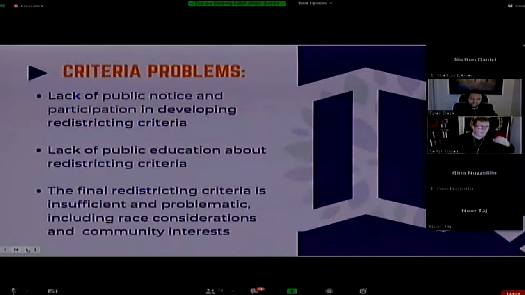Next, what you probably want to get to is clear goals. You're going to point out some things. So maybe you're there because you're upset that the criteria was passed within a few hours of being proposed to the public, that there wasn't much time for the public to give input. So you can talk about what the problem is: the lack of public notice and participation in developing redistricting criteria, and the lack of public education about redistricting criteria.